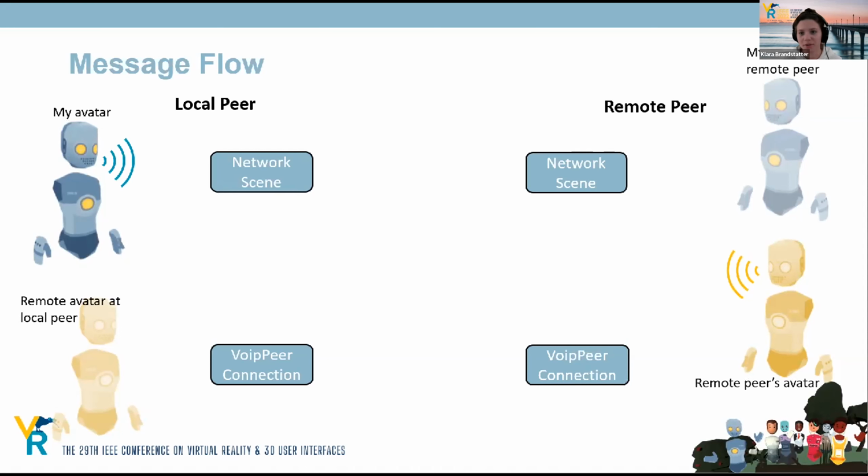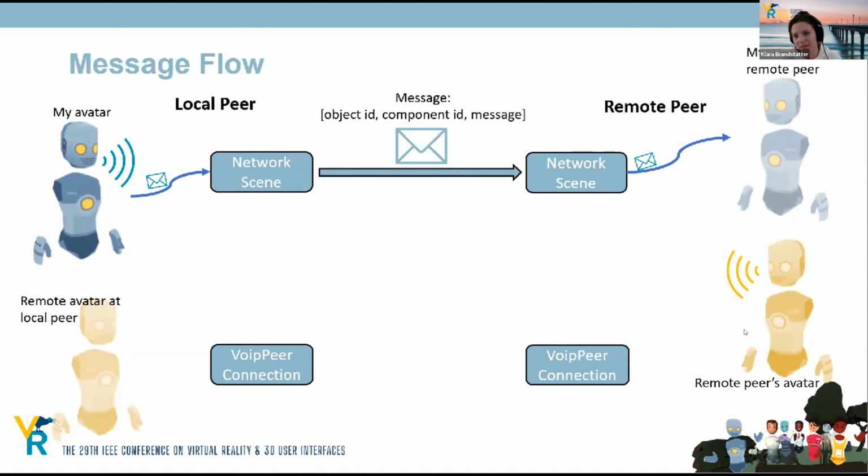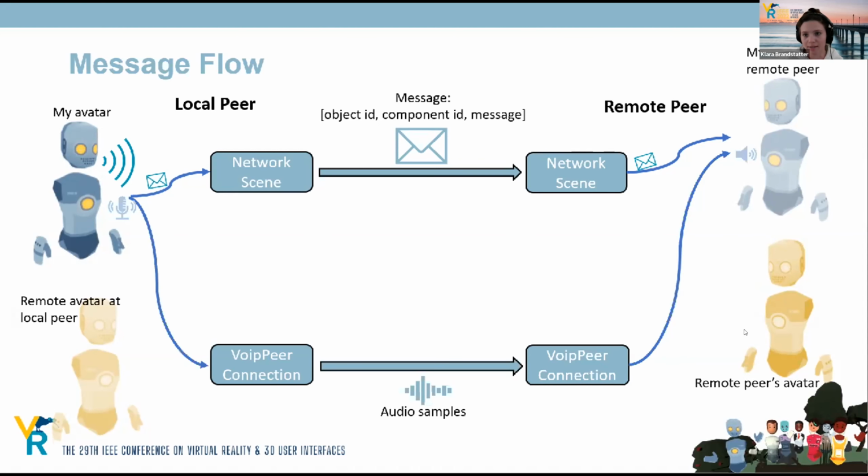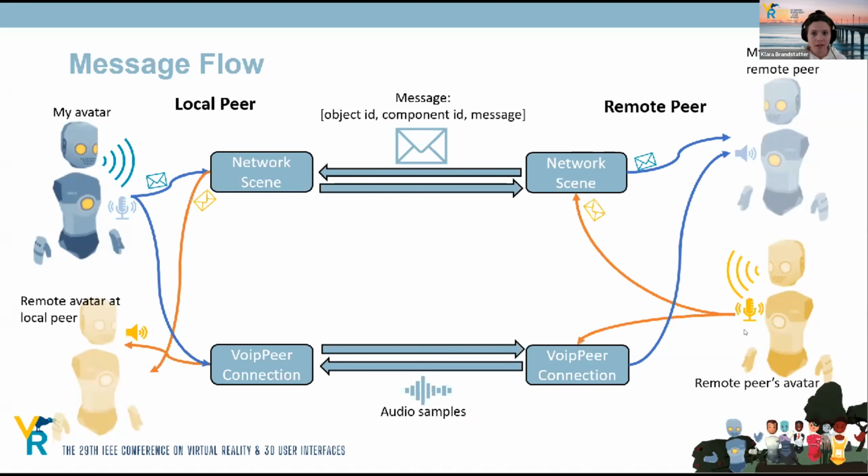And like we've heard already, messages, including my avatar's position, are sent from my avatar using the network scene to my avatar at the remote peer. And audio from my microphone input is sent over the peer-to-peer connection. The same, of course, applies to the remote peer, just the other way around.